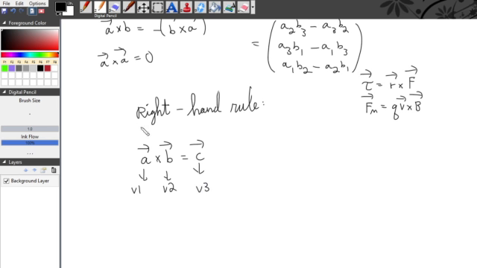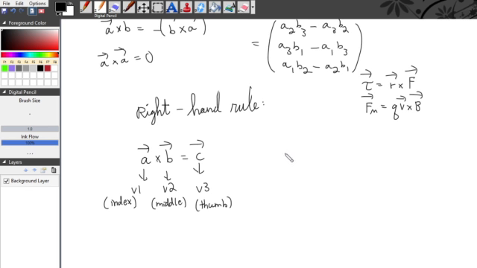So anytime you have a right-hand rule like this, where this is the product and these are the vectors, your thumb always represents this. So this should be the direction of your thumb. This should be the direction of your middle finger, or any finger other than your index and thumb, if you're going to point your three fingers in the same way, and this should be the direction of your index finger.